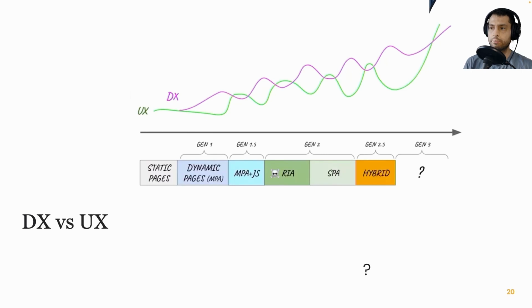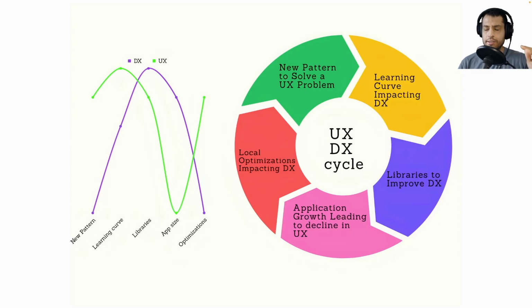Think of your favorite framework, it always has 10 ways to improve the performance. And I think this cycle can be explained in this diagram. There's a new pattern, there's a learning curve for the developers. Libraries start to emerge that improve the developer experience because they have solutions to common problems and you can just start using them.